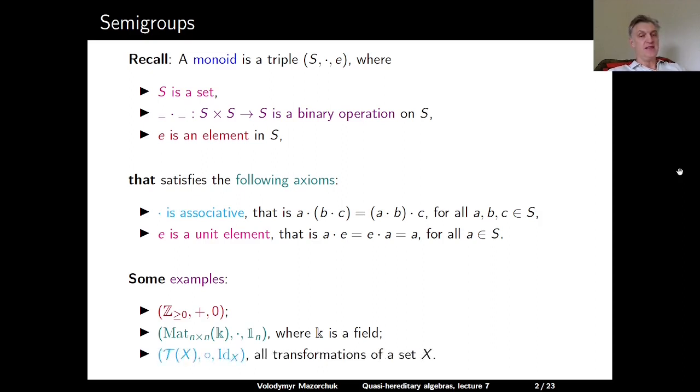Also, for any set X, we have the monoid T of X of all transformations of X, which means all maps from X to X, with respect to composition of maps, and with the identity map being the unit element.